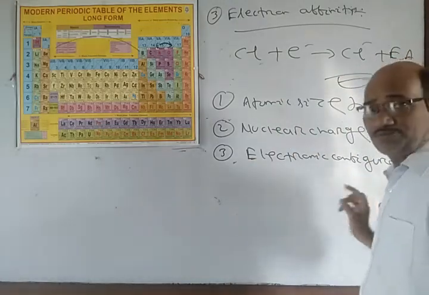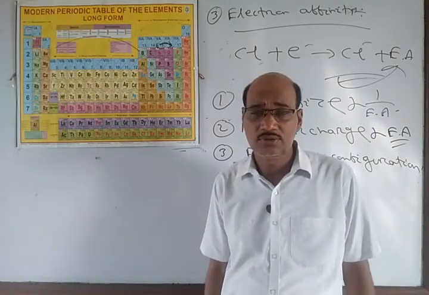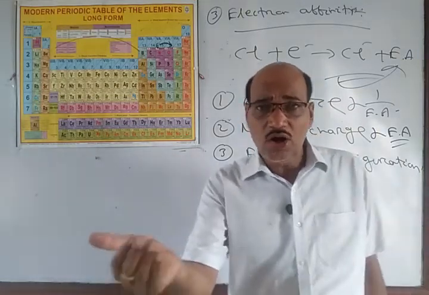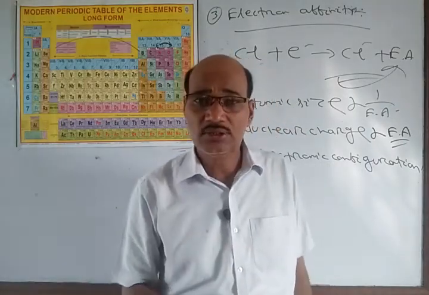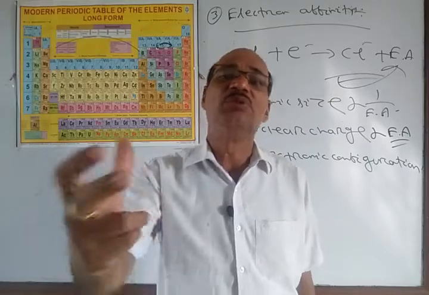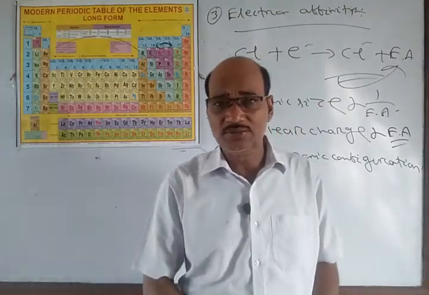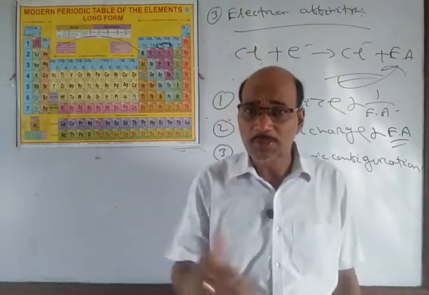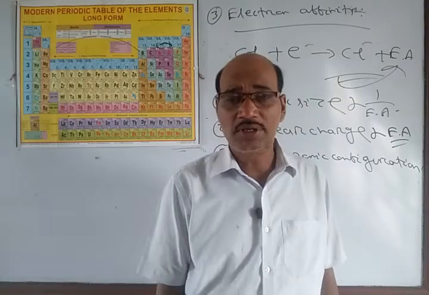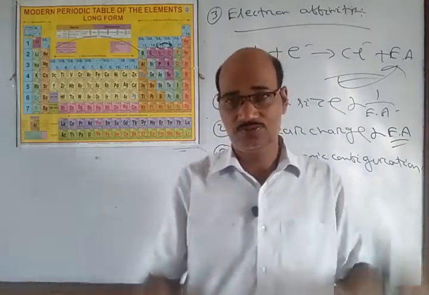Electronic configuration. Already we discussed: the loss or gain of an electron is to acquire a stable electronic configuration. If an atom already has a stable electronic configuration, half filled or fully filled, then it will not want to take any extra electron.